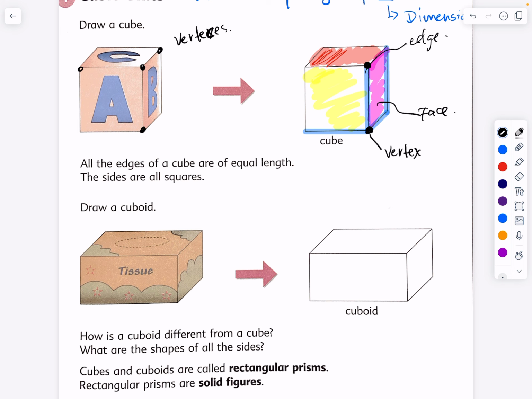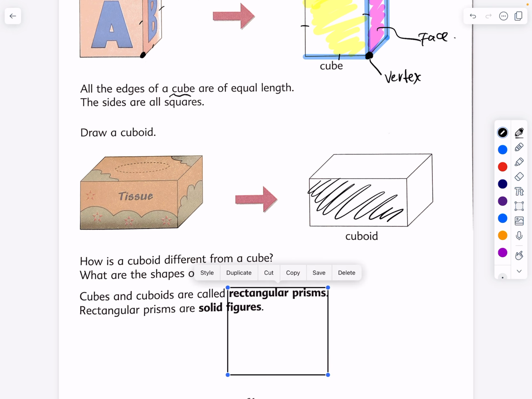Now, this is a cube, right? Because all the sides of each face are equal length. Every side of each face is of equal length. Now here, the front face, as you can see, is a rectangle. We call this a rectangular prism.